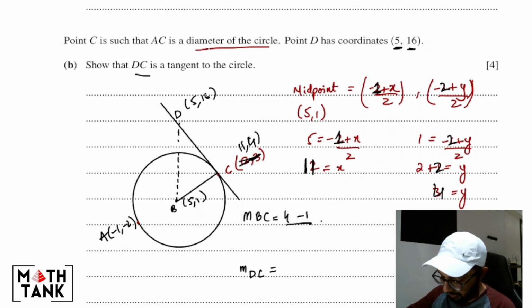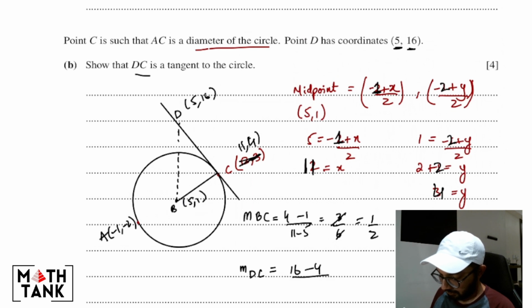4 minus 1 over 11 minus 5. That's 3 over 6. That is half. Let's see if we now get the correct answer. So 16 minus 4 over 5 minus 11. That gives me 12 over minus 6. That's minus 2.